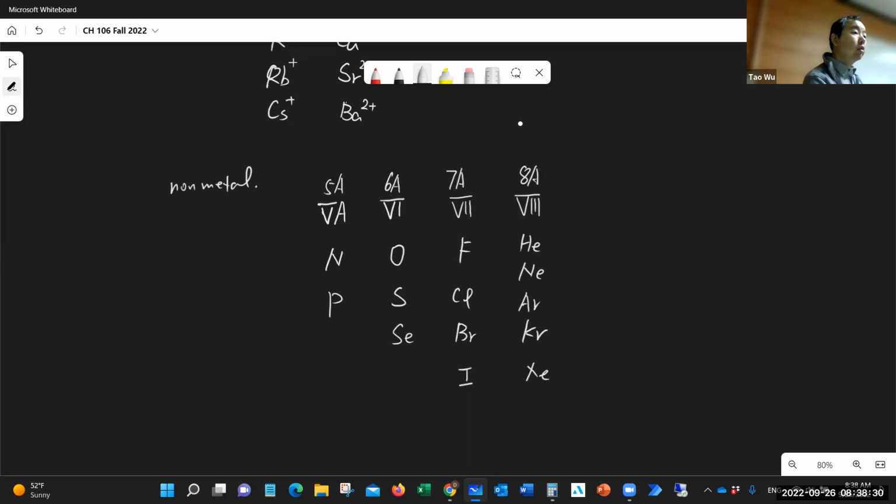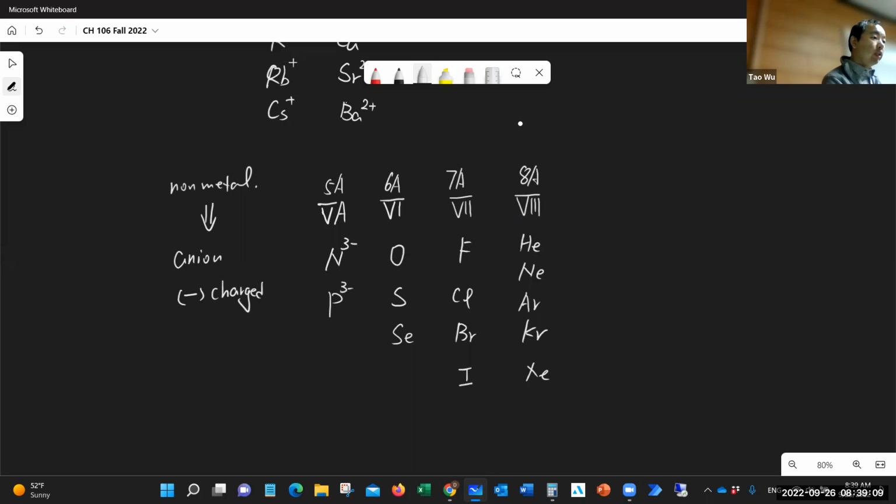For these groups, if they have a charge, they will always make an anion, which is a negative charge, and we look at how far the group number is away from 8. We said 8 is a magic number in chemistry. The 5A group is 3 away from 8, so phosphorus will have a 3 negative charge.